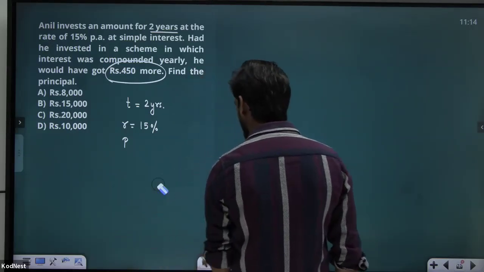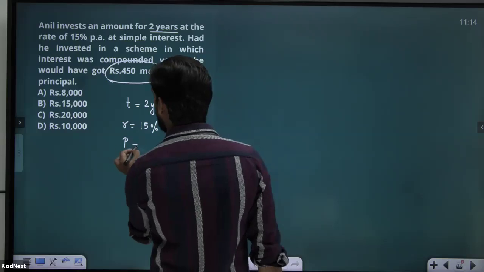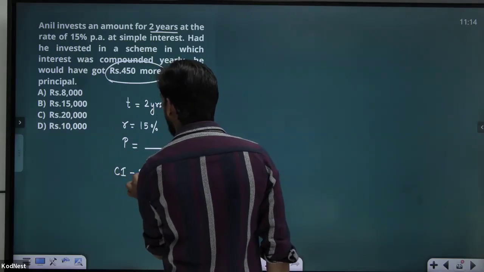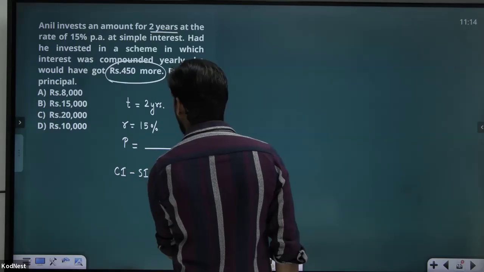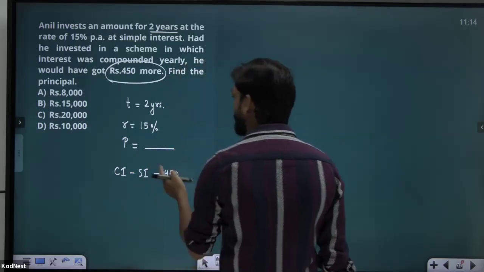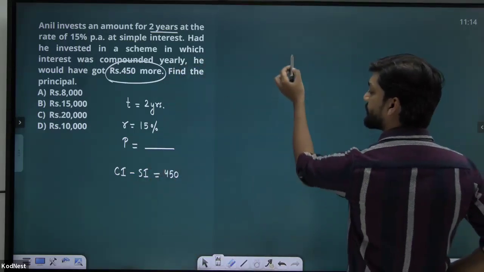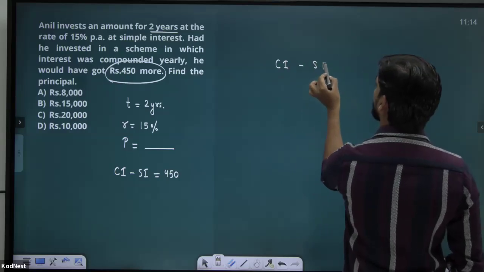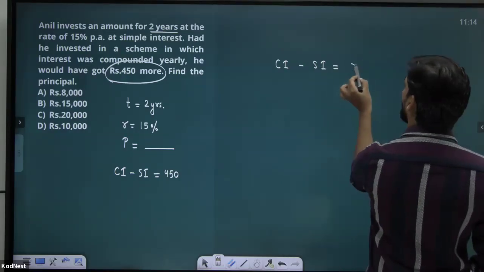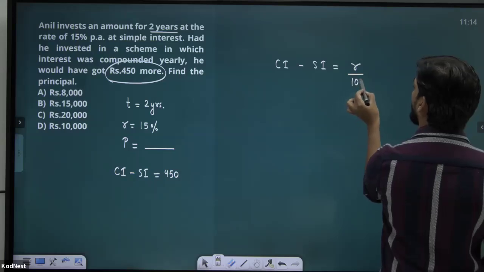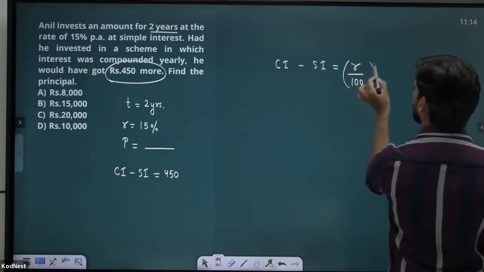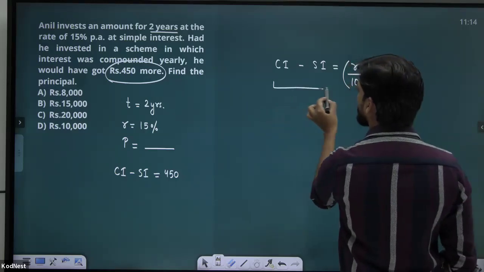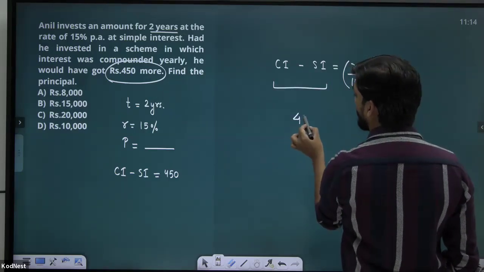Okay, let me write this. Principal is unknown. CI minus SI is given as 450. So, let's apply the formula. CI minus SI equals (R by 100) whole square into P. CI minus SI value is 450.